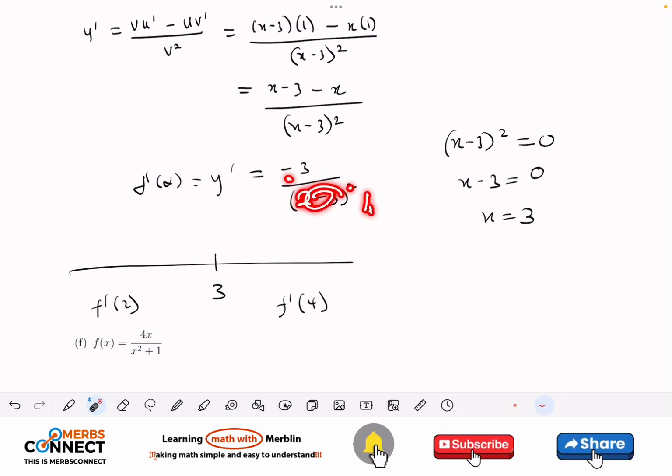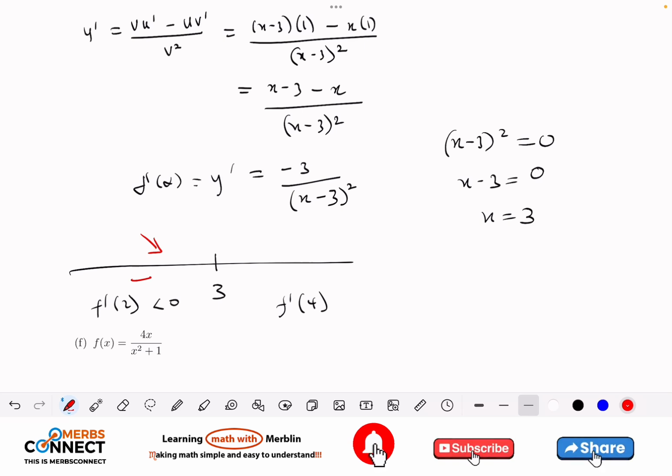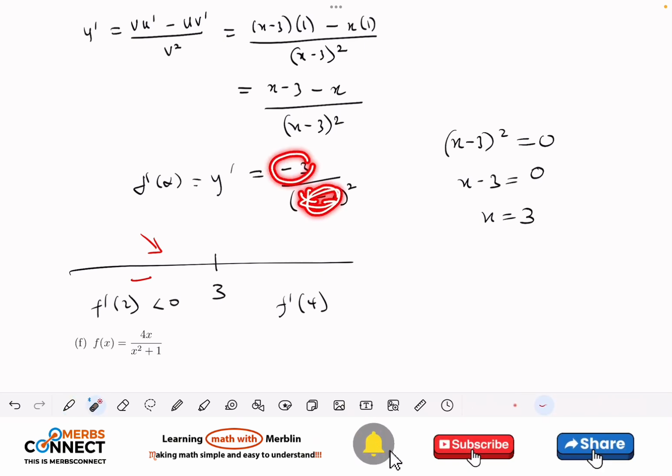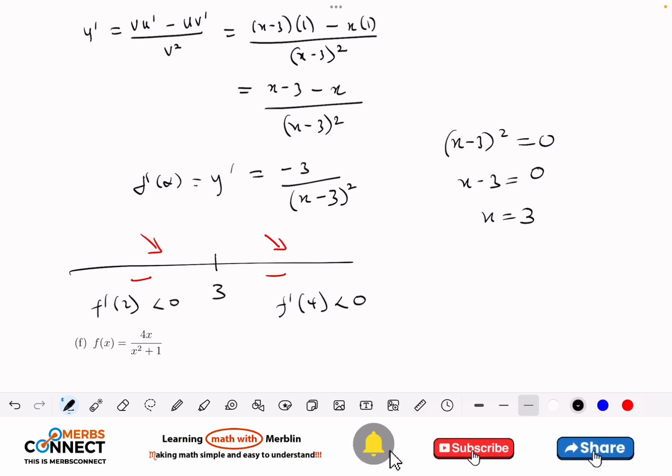Minus 3 divided by 1 is going to give us minus. So this is less than 0. This is minus, and it is what? Decreasing. Let's put 4. 4 here, this one will be positive, but still this is minus. So we are going to have minus and still decreasing. So this is also less than 0. So you see, we have minus, minus. We don't have minus, plus, or plus, minus.